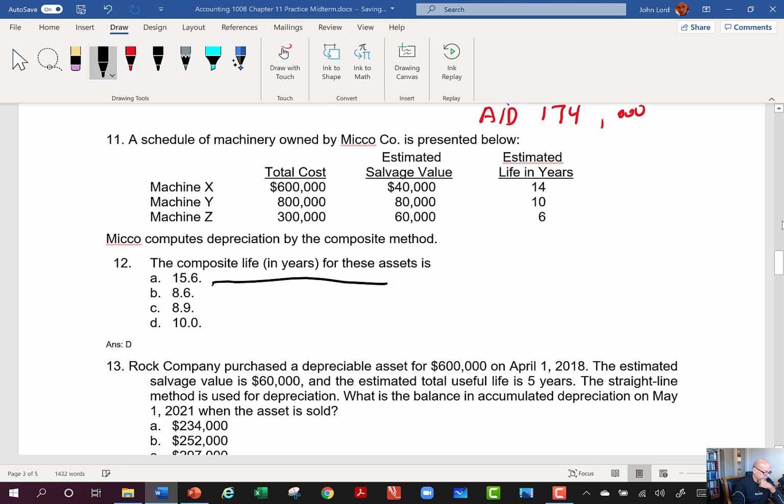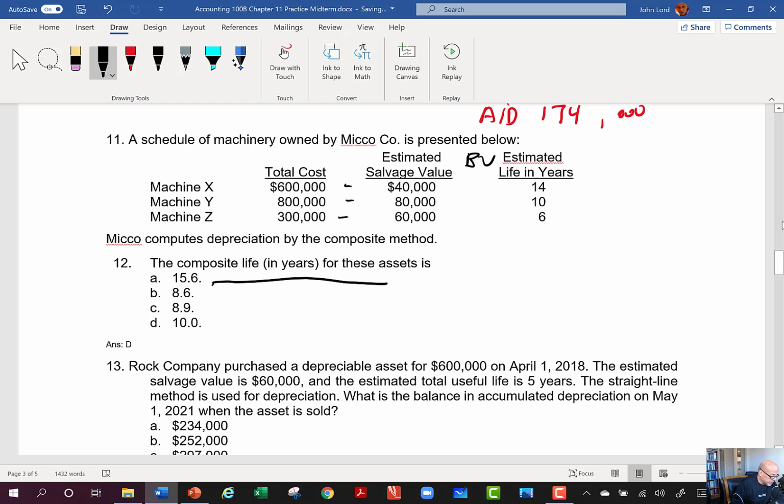The composite life is the depreciation per year divided into the book value of these assets, which gives you the number of years. They set it up nicely to let us calculate the depreciable base of each one of these.